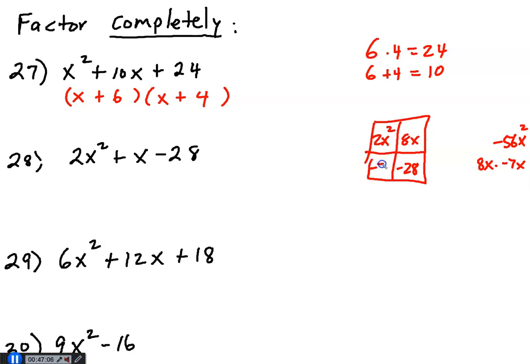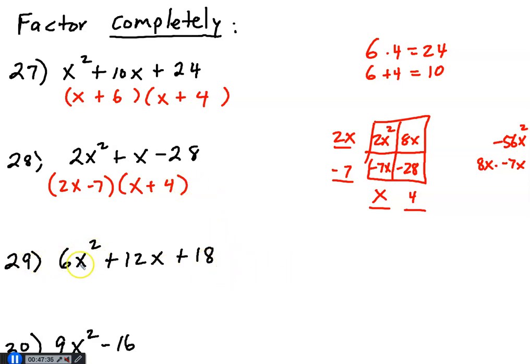Fill in the other two squares, and now find 4 GCFs, and you'll have your factoring. So going across this way, it's 2x. Going across this way, it's negative 7, so those represent one of my factors. Going this way, it's x, and this way, it's 4, and that represents my other factor. That's the answer for 28.